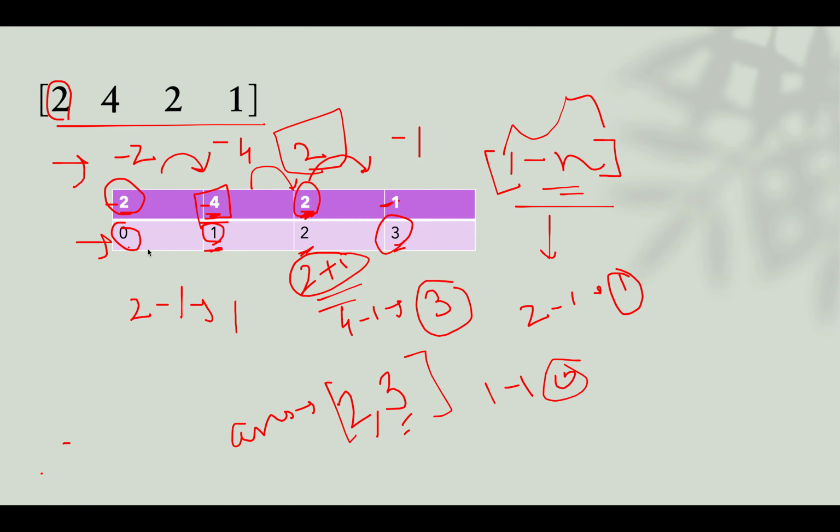In this case, the index is 2, so the answer would be 2 plus 1. We won't be using the value to actually find the missing element. The time complexity of this approach would be order of n, and the space complexity would be constant time. I hope the algorithm is clear to you, and let's move on to the coding part.